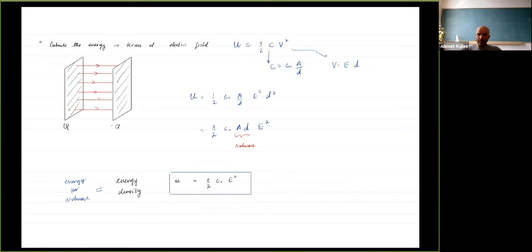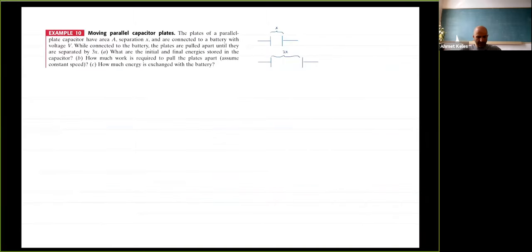So maybe we can do an example about energy storage and then an exercise. So here's the problem, Example 10 from your book. The plates of a parallel plate capacitor have area A and separation x. I just wrote it like this, some area and x, and they are connected to a battery with voltage V. While connected to the battery, the plates are pulled apart.